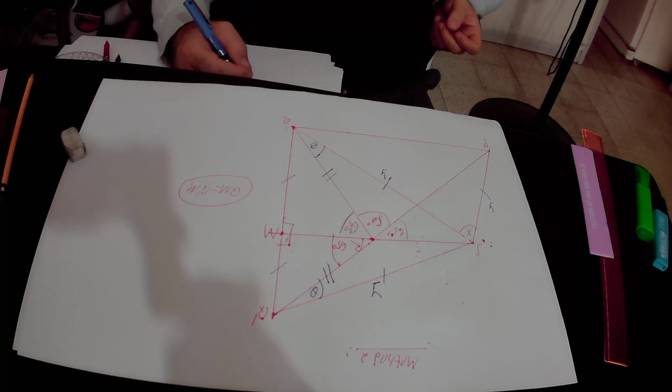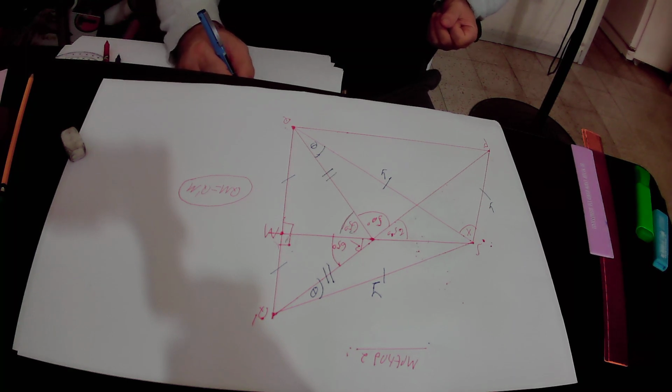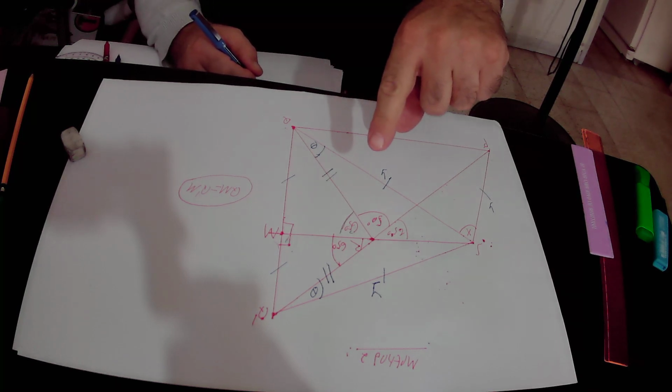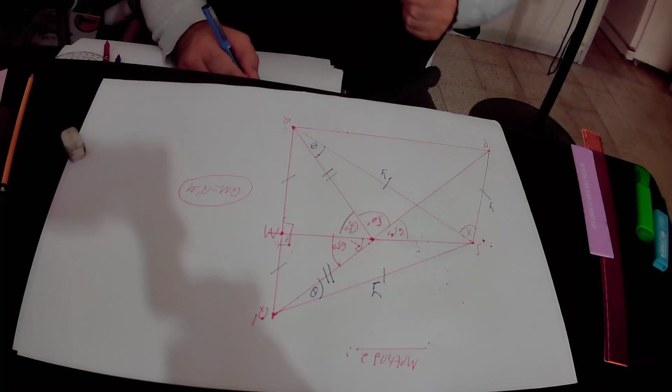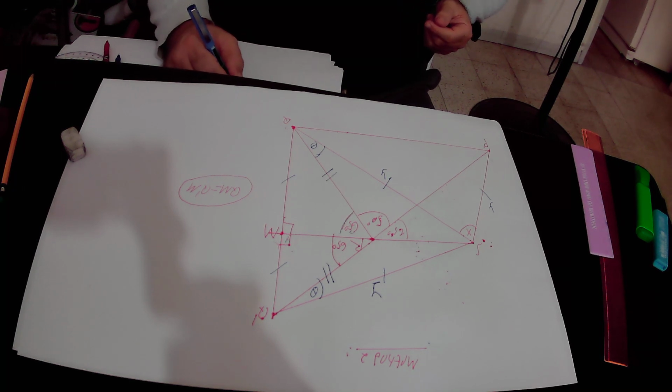Therefore, PQ dash is a straight line, according to the rule that the sum of the angles on a straight line equals 180 degrees.